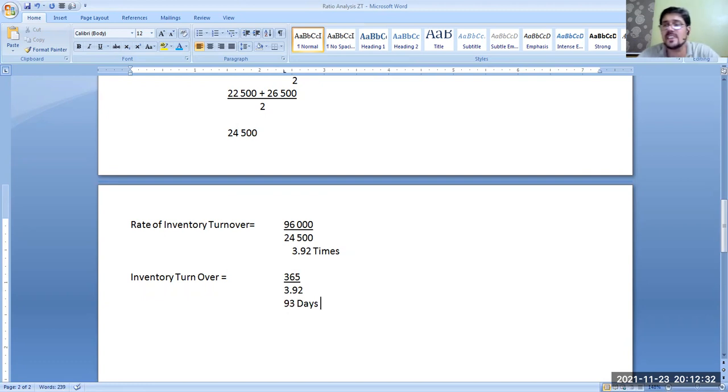You have to keep the inventory with you for 93 days. Whatever goods you are buying and selling, these goods will remain with you for 93 days. This is inventory turnover.